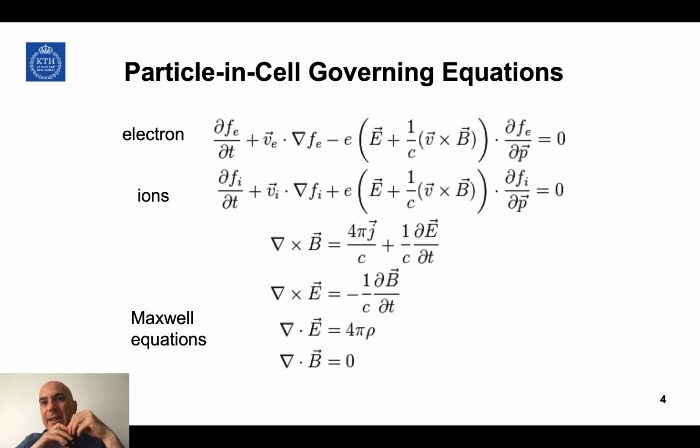We call this a kinetic equation because of the dependency of the distribution function on the velocity, right? Kinesis in Greek means motion. Because of this dependency, we call this equation kinetic. The other big family of equations that you might have heard of is the fluid equations.